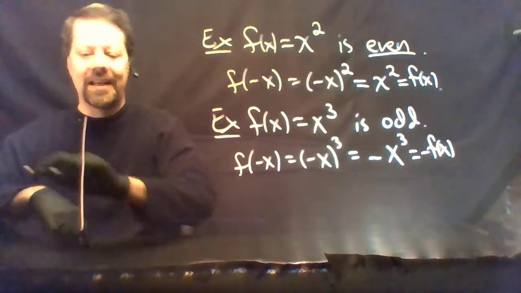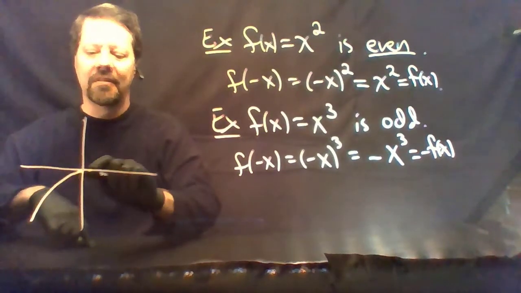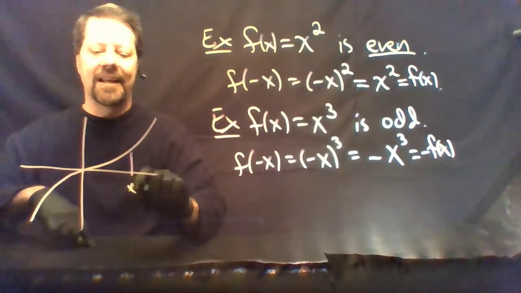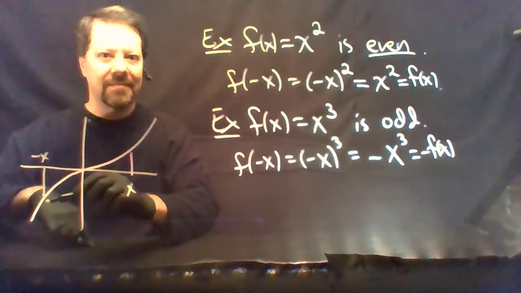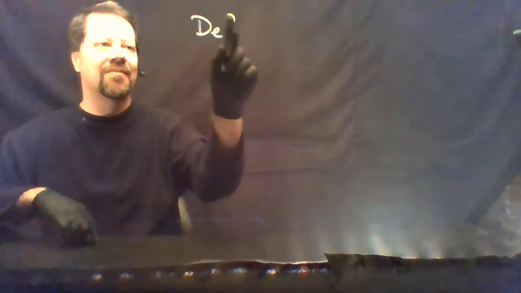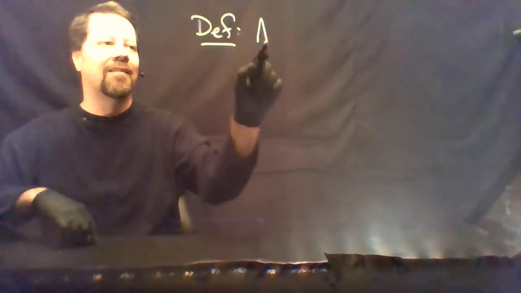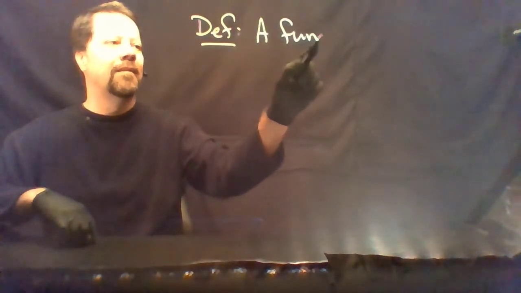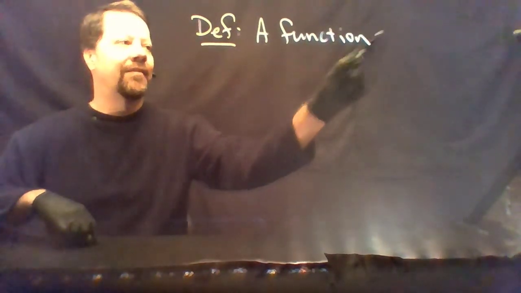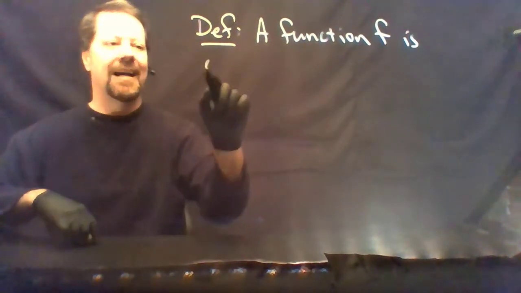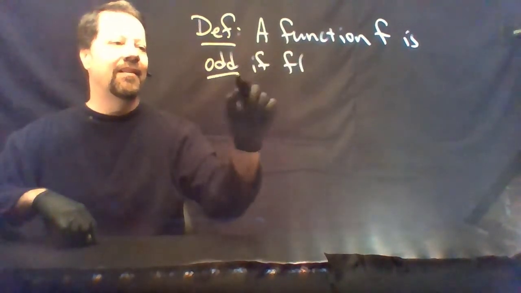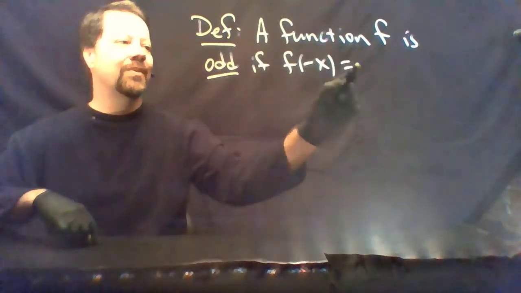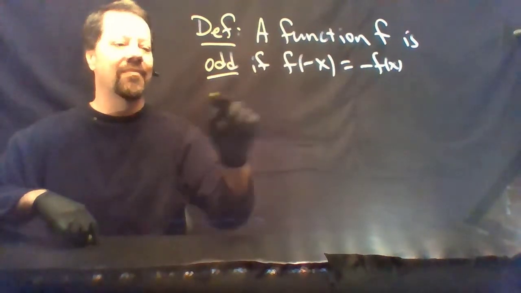What are the implications in terms of the graph? Whatever happens at x, at negative x, you get the opposite. We'll make the following definitions. A function f is odd if f of negative x equals negative f of x.